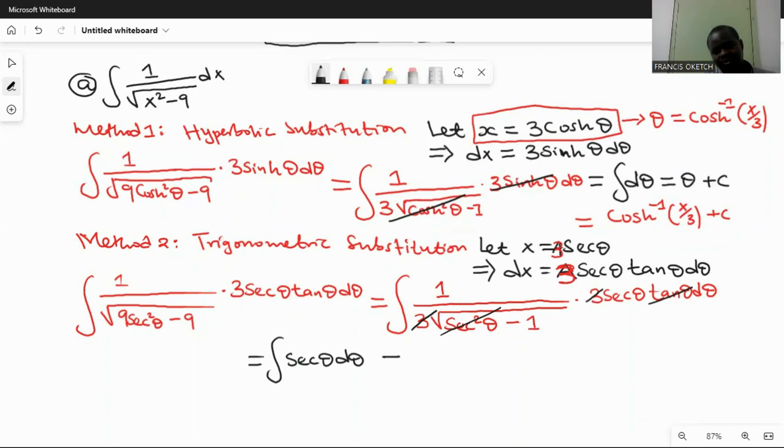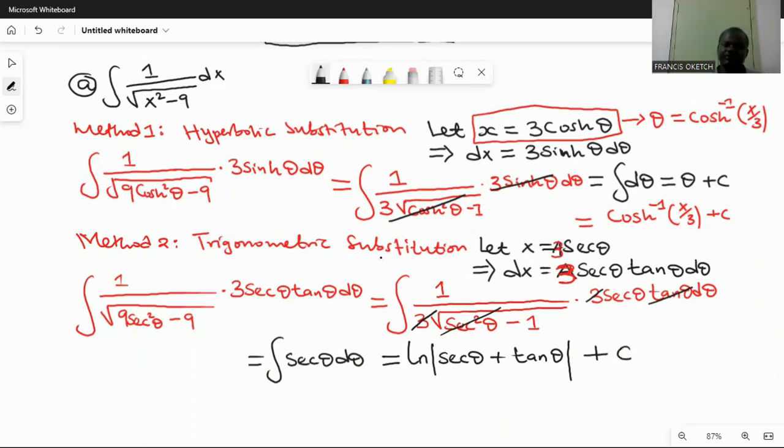It should give you natural log of sec theta plus tan theta. You need to look at the U substitution now to integrate sec theta. You do that via the U substitution method. And don't forget to write the constant C of integration.